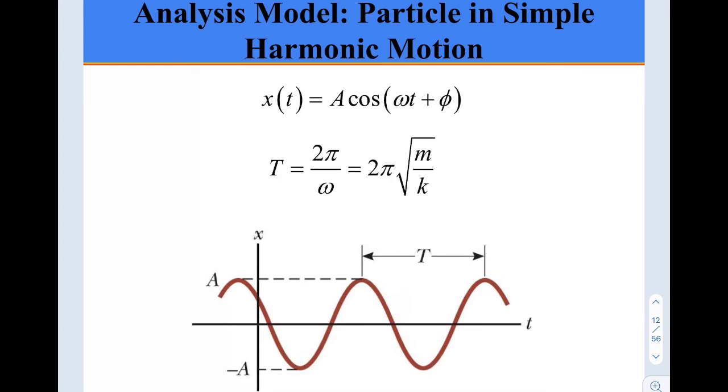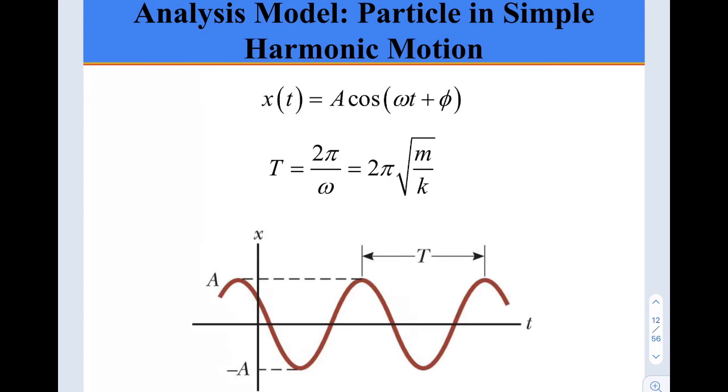Okay, so now analysis model, particle in simple harmonic motion. We've done with the math. Now we want to take a look at the physical characters or information from the sinusoidal or graphical illustration of the motion for our SHM, or simple harmonic motion. What we have in our hand right now is a mass spring system.